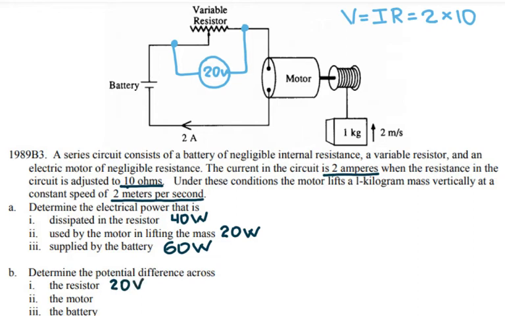For the next question, the voltage that is dropped on the motor. Again, if I wanted to calculate the voltage dropped on the motor, I'm going to have my voltmeter connected in parallel to the motor, so I'm calculating the voltage between these two points. For that one, I could use the power formula.